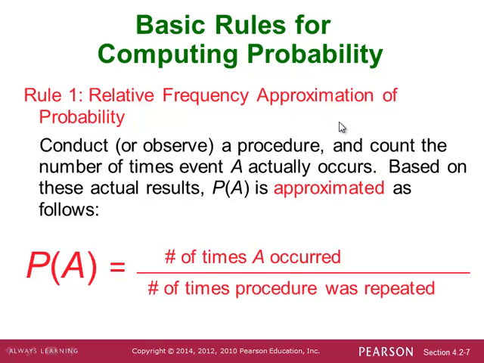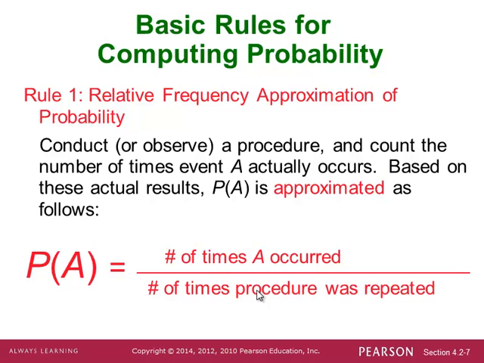This is where you take a look at some data, and based on your experiment and the data from your experiment, you can calculate experimentally the probability of an event happening. What you do is count the number of times that event A happens divided by the total number of times that your procedure was repeated.